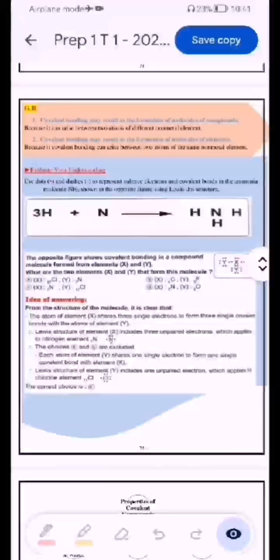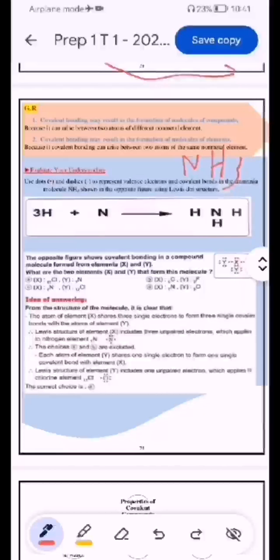Look at this. Use dots and dashes to represent valence electrons and covalent bonds in ammonia, NH3, okay? Its symbol NH3. Now we will complete this equation. 3H, H contains 1 electron, 1 unpaired electron. And N contains what? 1, 2, 3, 4, 5.